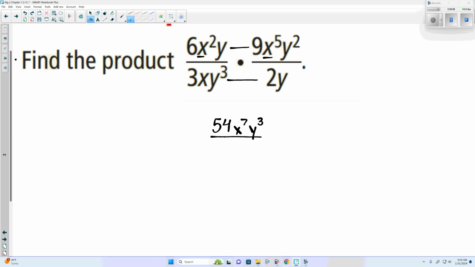The denominator, our 3 times 2 gives us 6. Again, just like the last one, we only have one x in either denominator, so it's just x to the 1st. And y cubed times y is y to the 4th, because y to the 3rd times y to the 1st, 3 plus 1 gives us 4.